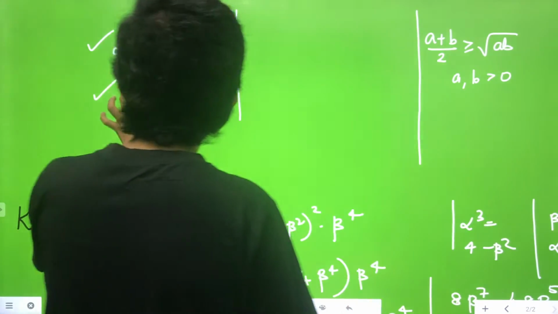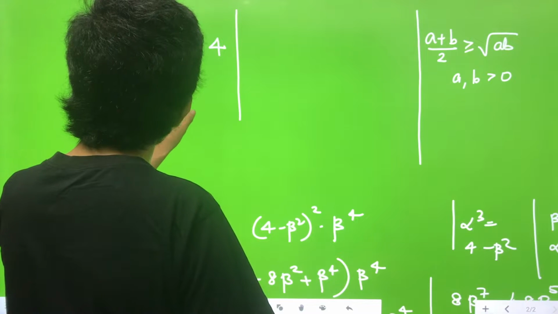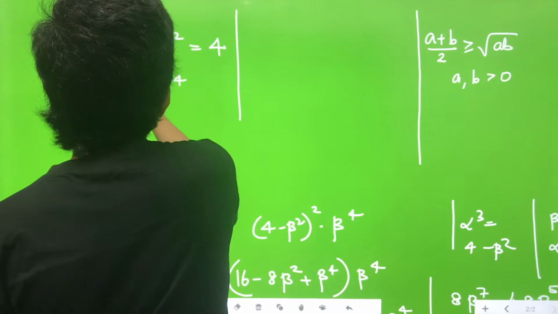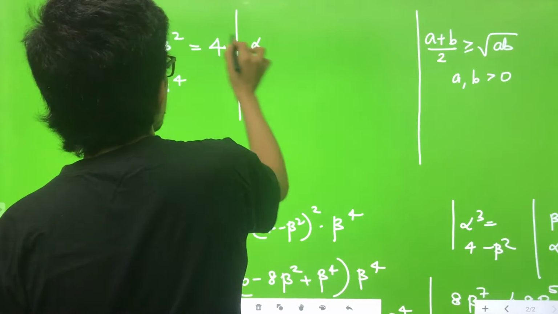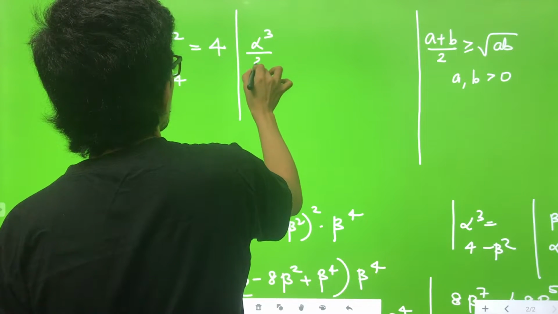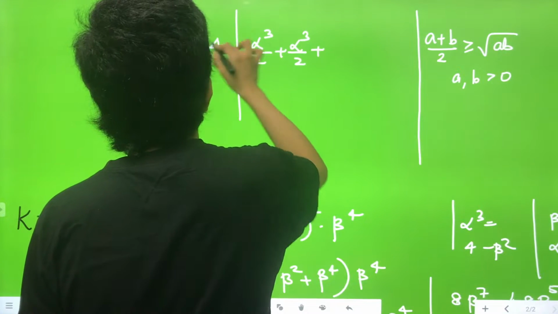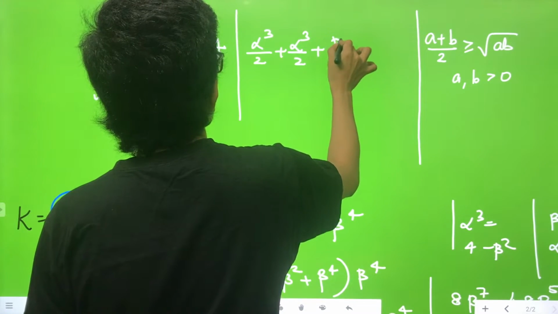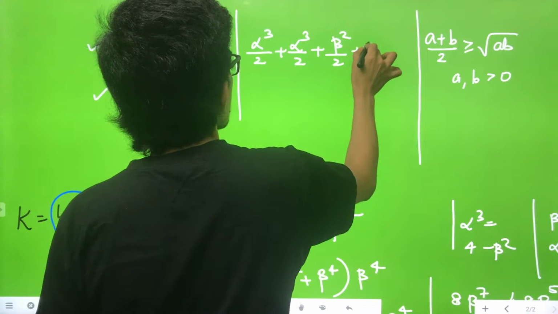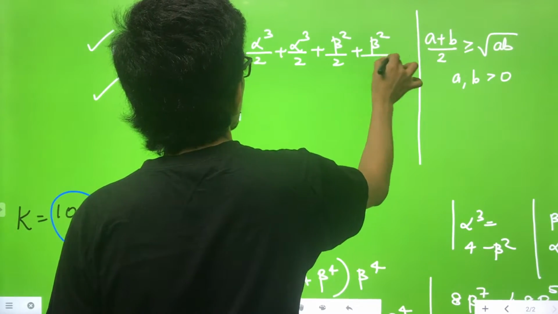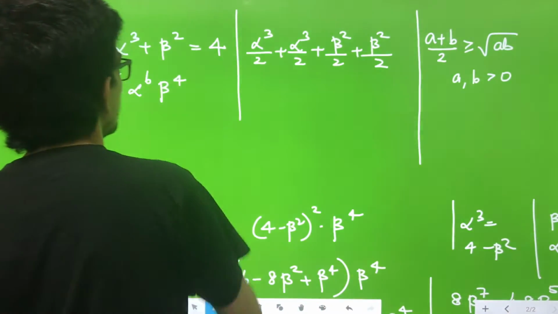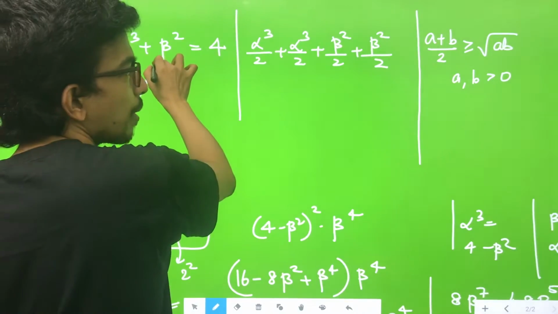So observe that I need to get alpha power 6 and beta power 4. What I'm going to use is, I'm going to write this expression as alpha cube divided by 2 plus alpha cube divided by 2 plus beta square divided by 2 plus beta square divided by 2. This expression can be written in this way.